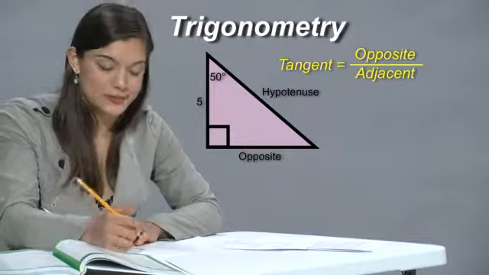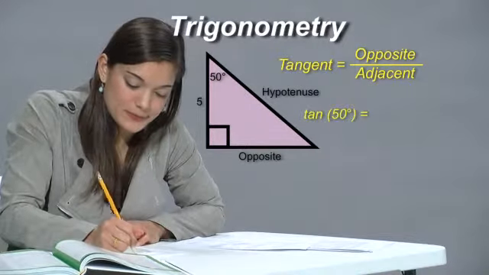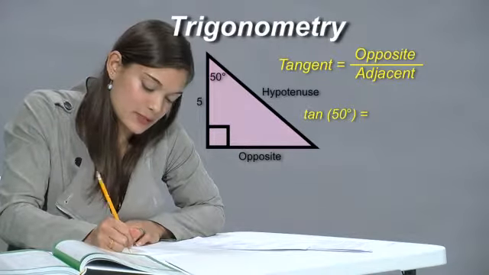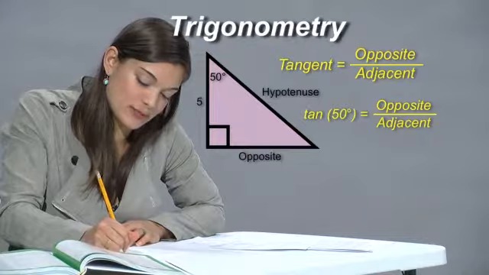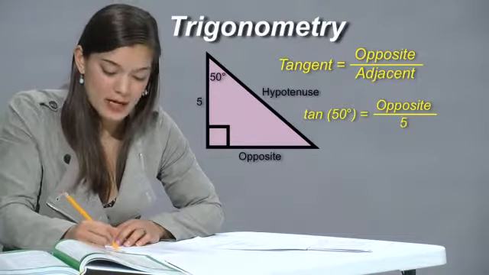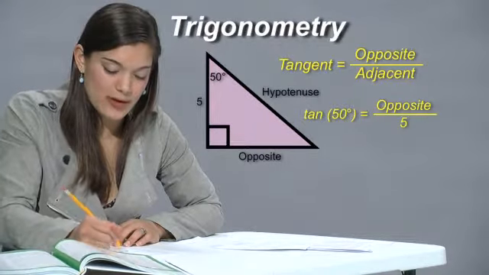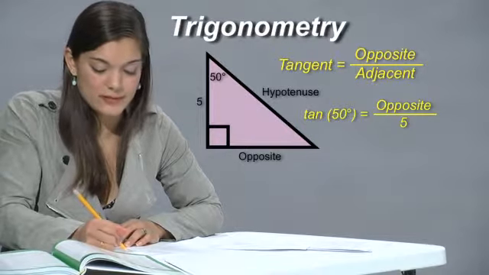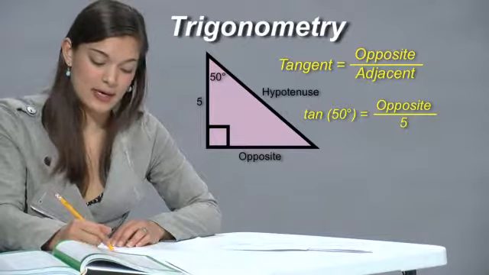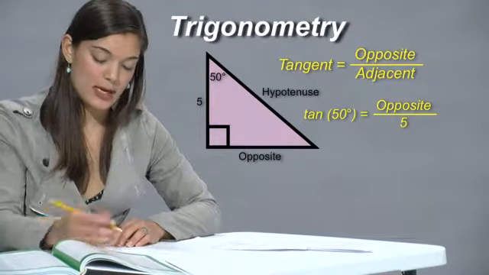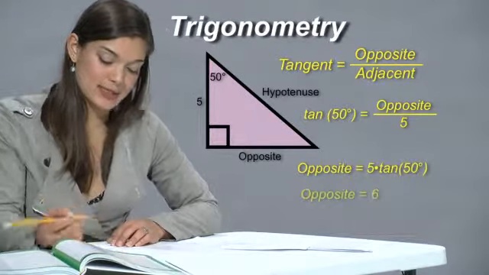So let's use the tangent. So tangent 50 degrees equals opposite over adjacent, which is 5. So opposite over 5 equals tangent 50. Cool. Now we can just solve again to get the opposite side. And we get that the opposite equals 6.